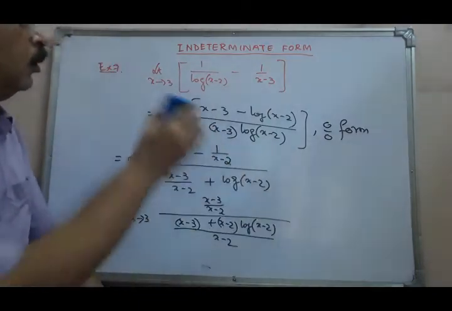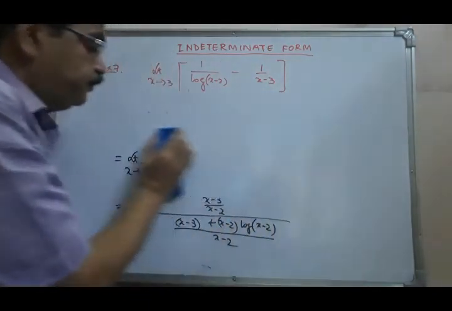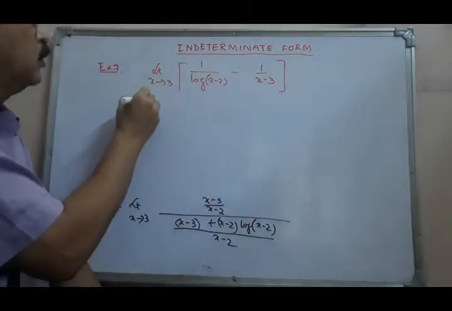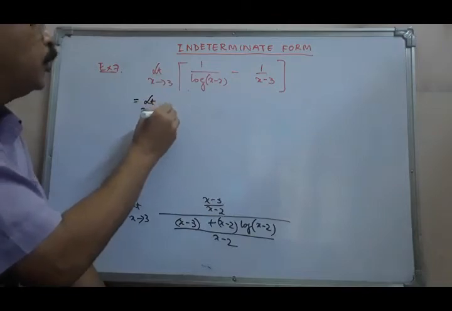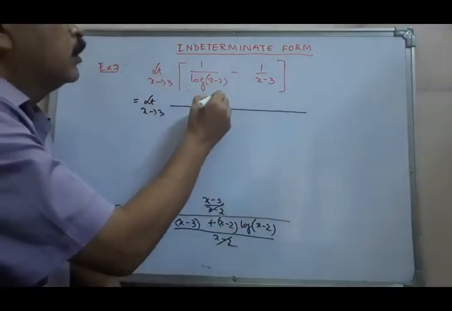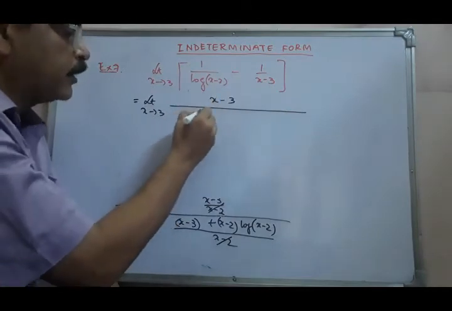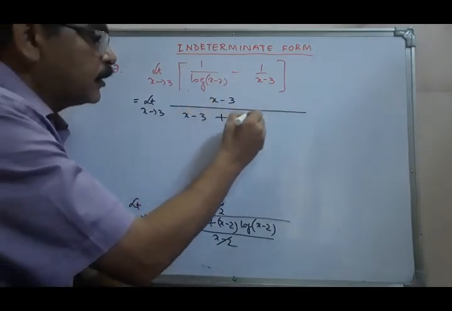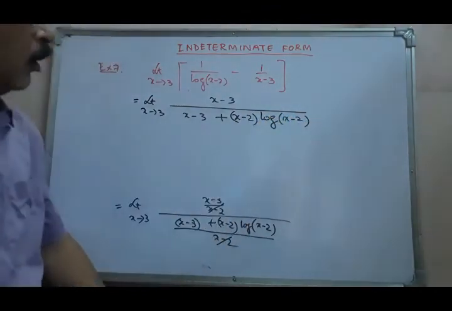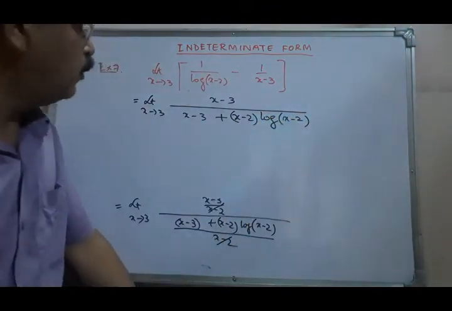So we are doing again here, continuing. Limit x tending to 3, the x minus 2 gets cancelled, x minus 3 divided by x minus 3 plus x minus 2 into log x minus 2. Now again we'll check whether it is indeterminate form or not.